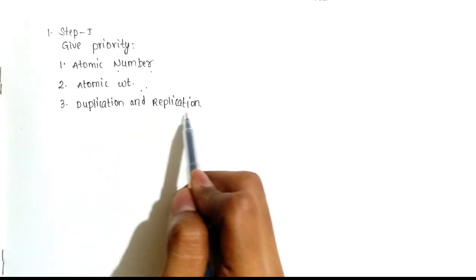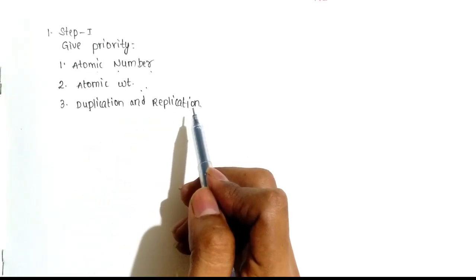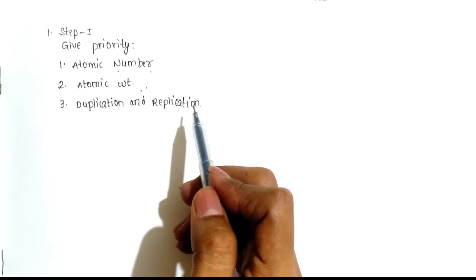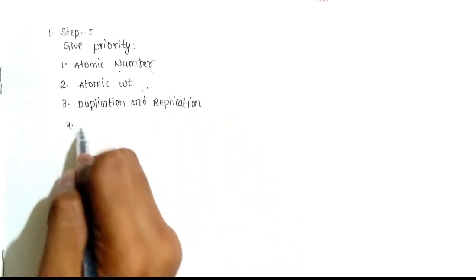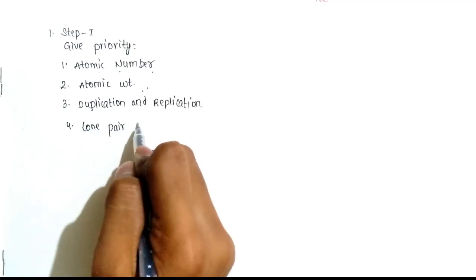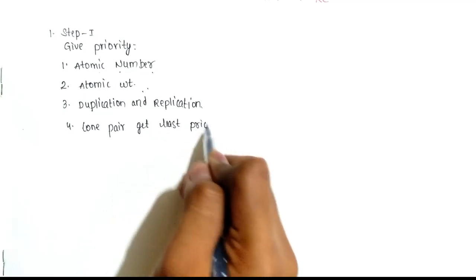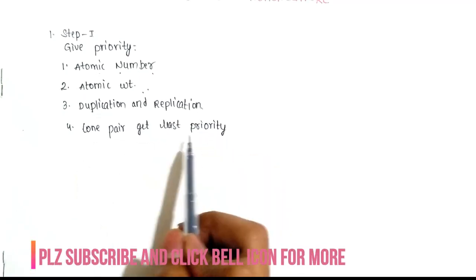That is, duplication and replication means if there is a double bond, then we have to count that atom 2 times. And then the fourth rule is that lone pair gets least priority. So these are the rules.